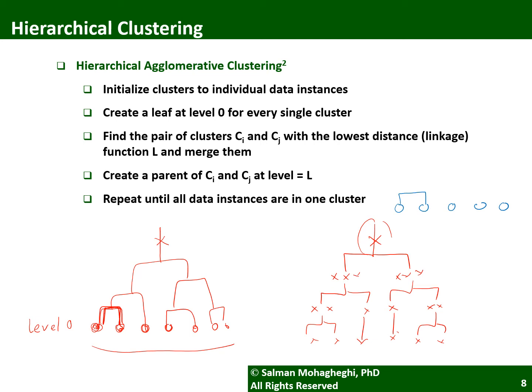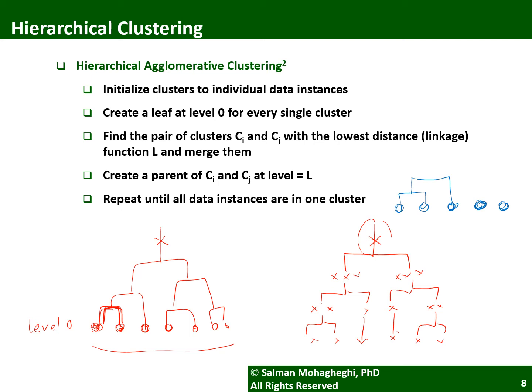So I say, what's the linkage function or distance between this cluster and this guy, this cluster and this guy, this cluster and this guy, and also this guy and this guy, this guy and this guy. So for all the pairs of possible data instances and clusters, I have to find the distances or linkage function between them. Let's say the next closest one would be this data point, which is closest to this individual cluster.